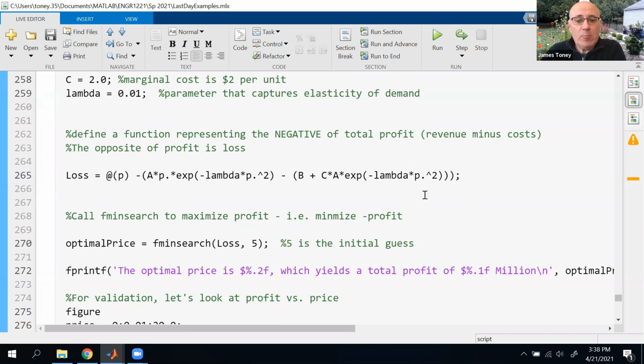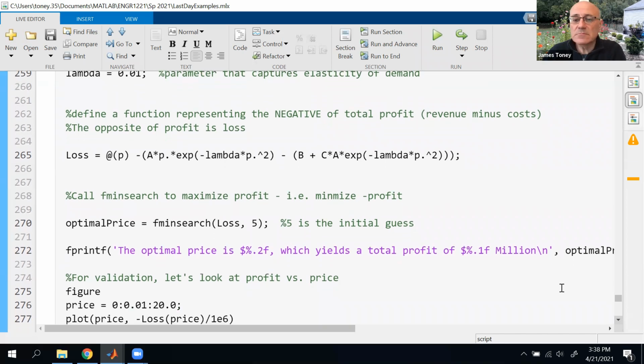And the reason I'm writing it that way is because MATLAB has built-in functions for minimization. So if what I want to do is maximize the profits, then that means I want to minimize the negative of the profits or minimize the losses. All right, so I have a loss function, which is a function of the price, P, given by the equations that I just showed you. And I want to minimize that. And if I minimize that, that's the same as maximizing the profits.